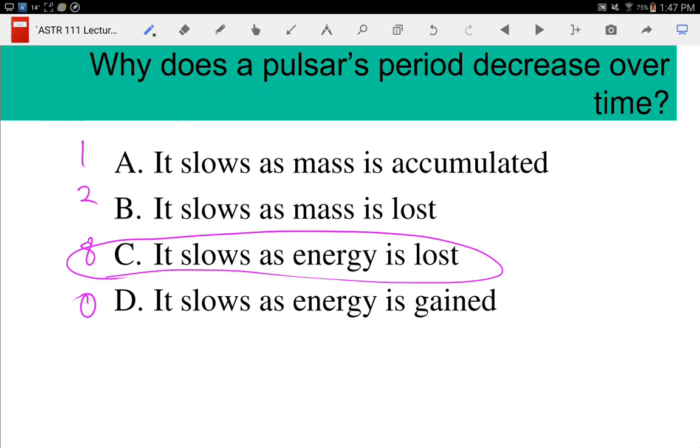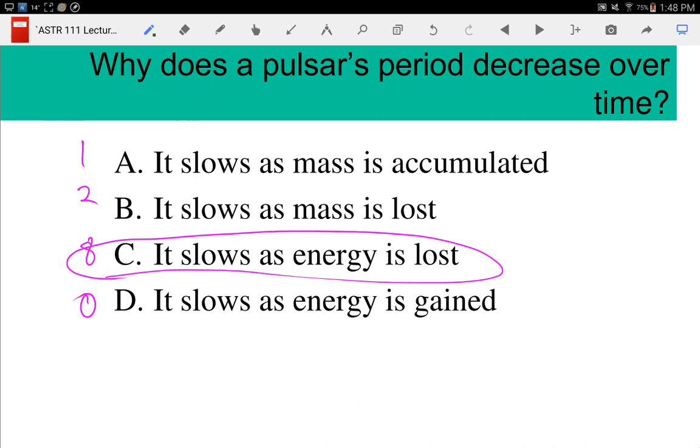The magnetic field, it turns out, doesn't have to be along the axis of rotation. If the magnetic field is like this, the magnetic field is flashing through different parts of space. And as that magnetic field comes around, particles that hit that magnetic field have to change their motion in response to the magnetic field if they have a charge. And those particles, their motion is actually what is producing what we call synchrotron radiation. And so that's how the radiation is produced. It's the magnetic fields interacting with particles and then creating radiation.